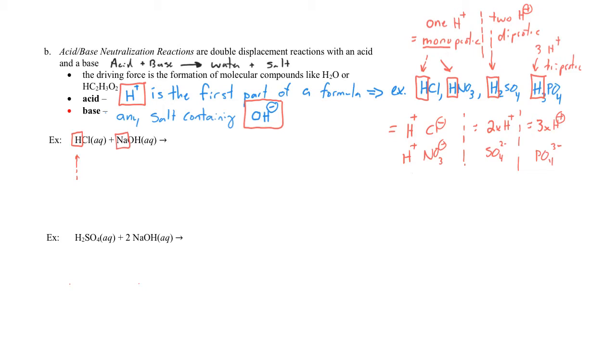Okay, so let's try to do that. So the cation in HCl is H+, and the cation in sodium hydroxide is Na+, or sodium cation. And these two cations are going to exchange positions. So the symbols for the products will be sodium with chloride, or NaCl, and then we will have hydrogen, the H+, with the OH-, which is hydroxide.